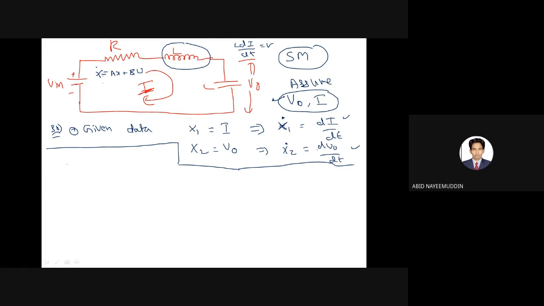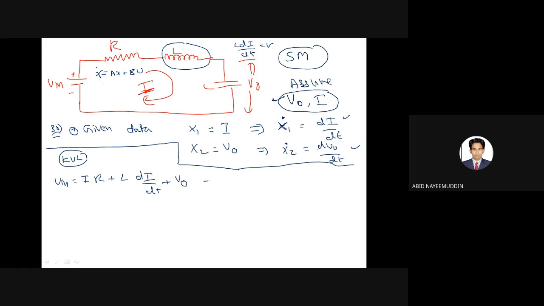To write the expression for voltage, I will apply KVL for this particular loop. Then you will get V in is equal to I into R plus L into di by dt plus, directly, 1 by C into integration of I dt. As we are not solving anything, directly I will write V naught.